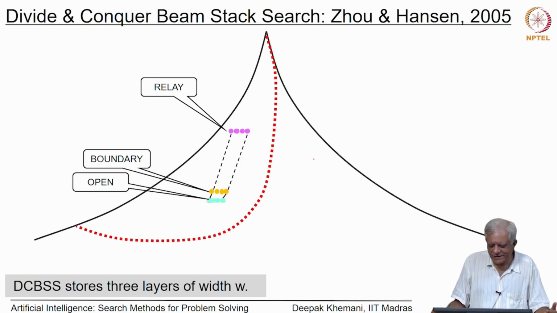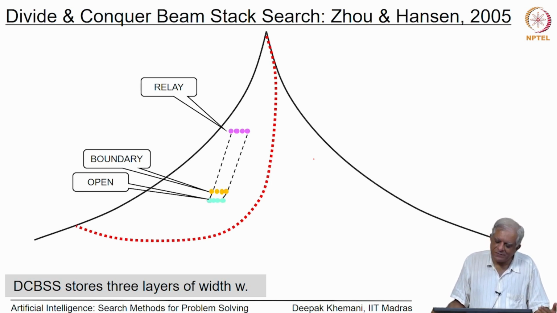Just like we converted beam search into divide and conquer beam search, we can convert beam stack search into divide and conquer beam stack search, which means that we do not keep all the nodes which are there in the beam, we keep deleting them, but we keep a relay layer at roughly the halfway mark. Or if you want to adopt the strategy of smart memory graph search, you could do that in a smarter fashion.